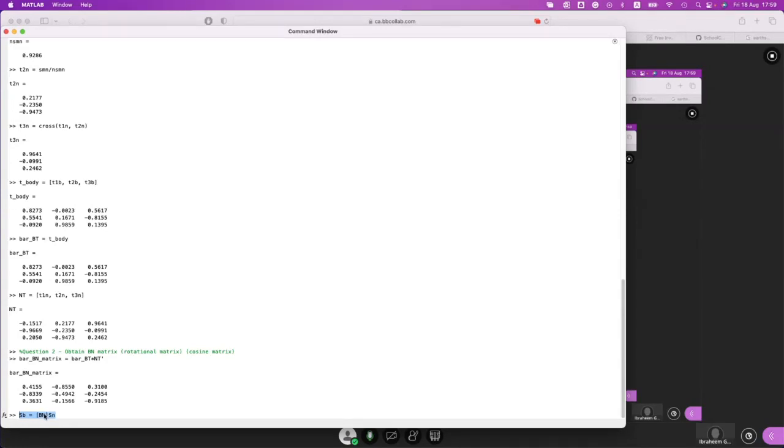Now that we have obtained our Bn, we can deduce our SB, and you can use this to identify which of your measurement vectors is more accurate.